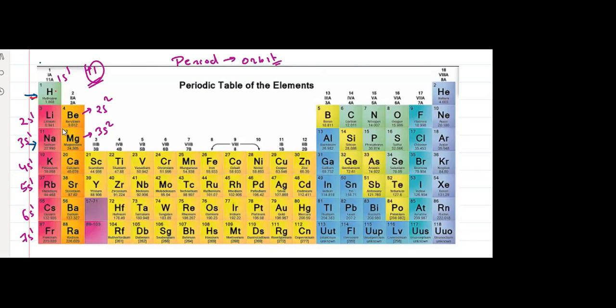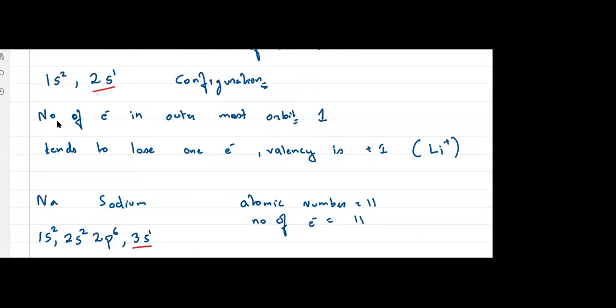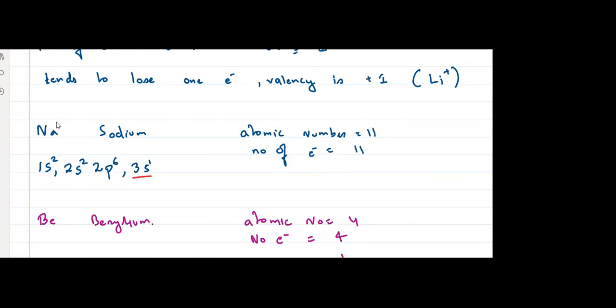S, correct. S suborbit. Very good. Well done everyone. So they are S group, right? S group. So let us see how to remember the first group.